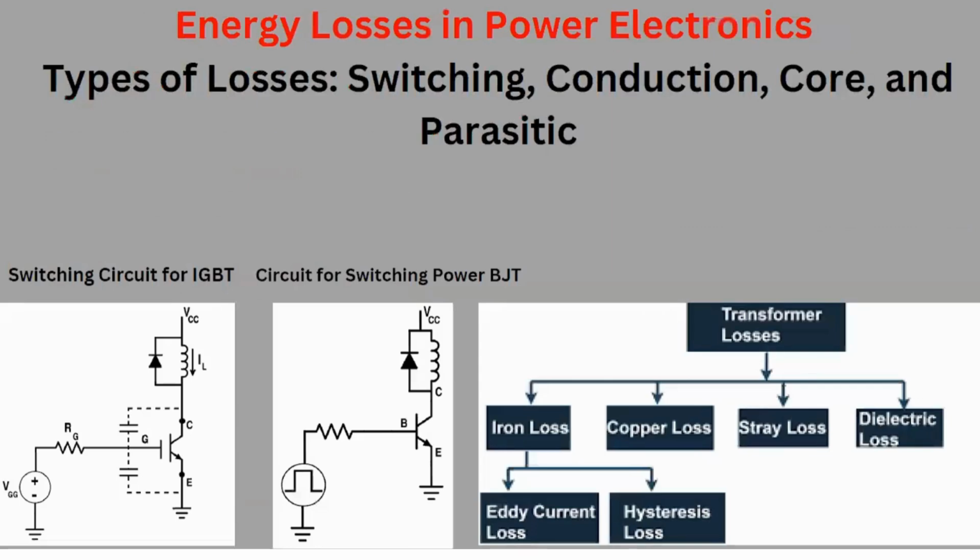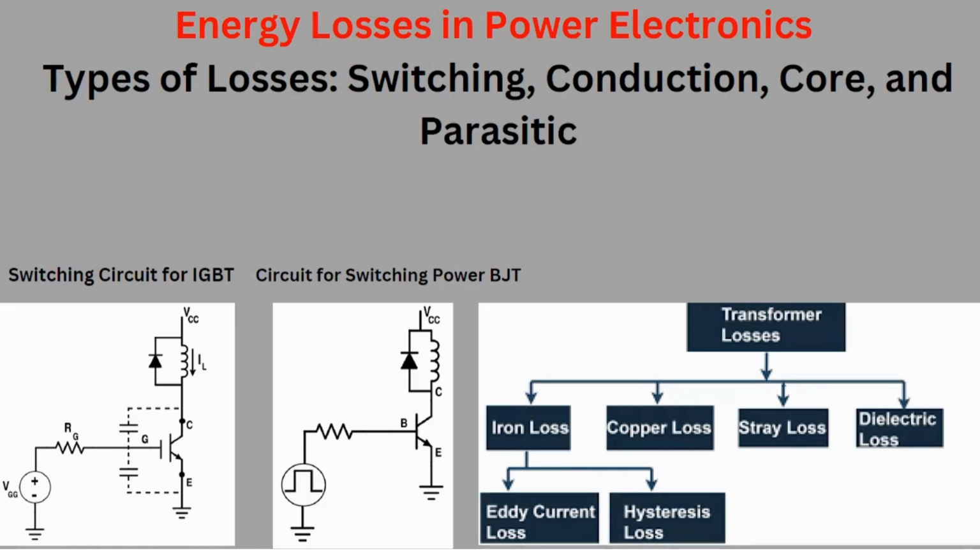Energy losses in power electronics, this is what we have to understand. I will give you a small example of this type of losses. Suppose there is a power supply, a switch mode power supply. Many equipments with switching circuits use this type of power switching. Now suppose there is a power switching equipment where I have used a BJT transistor. The switching transistor is a BJT, so you have to analyze it.